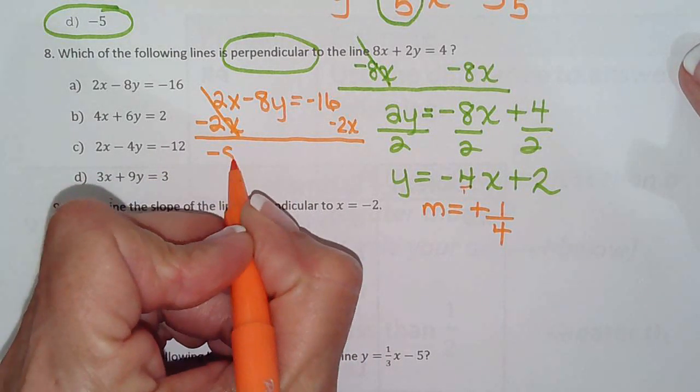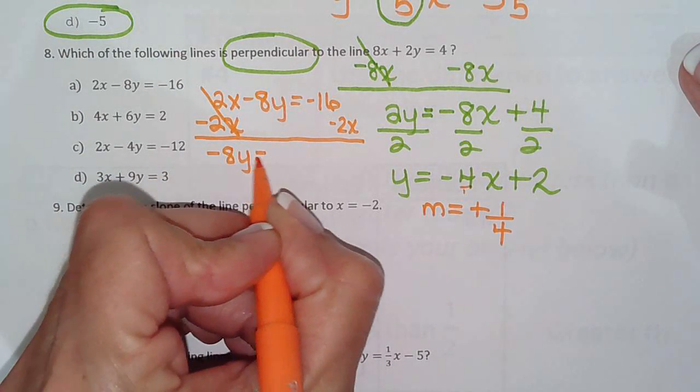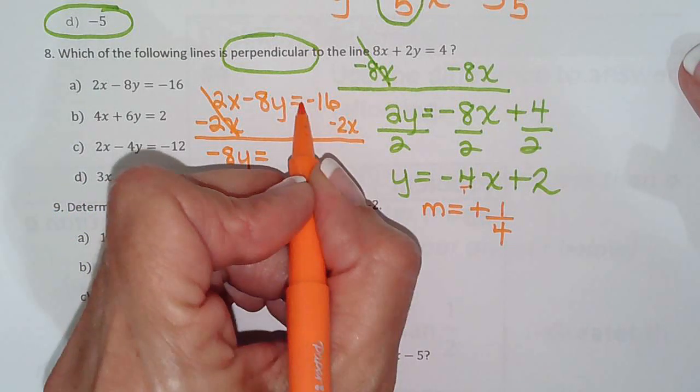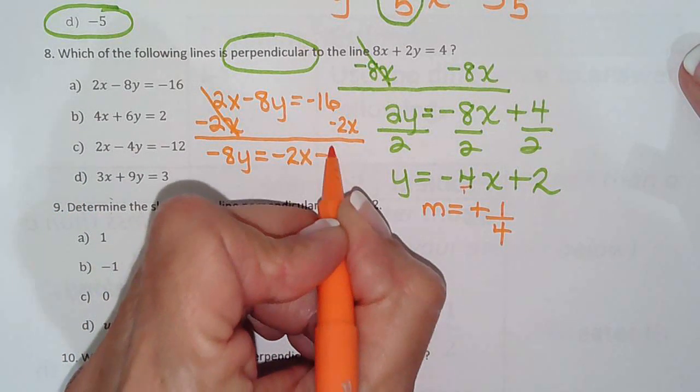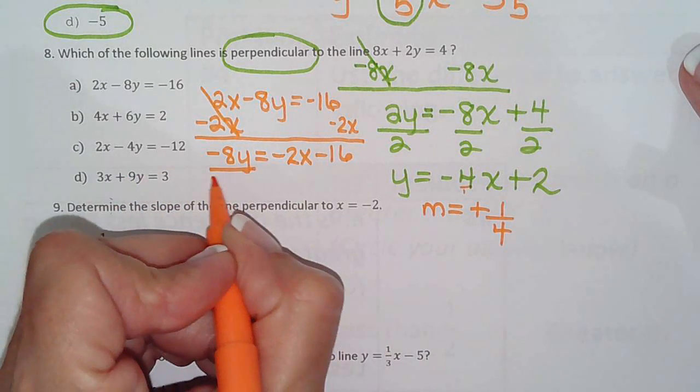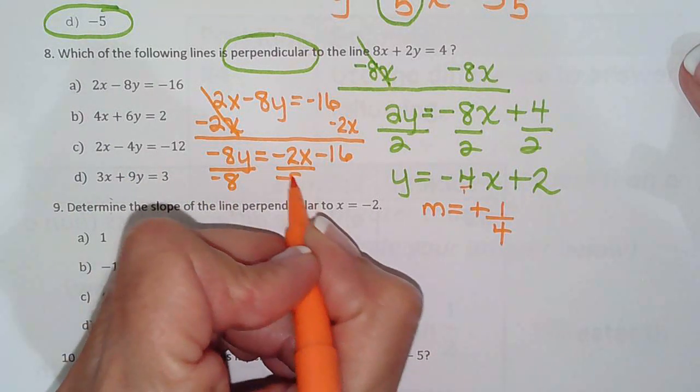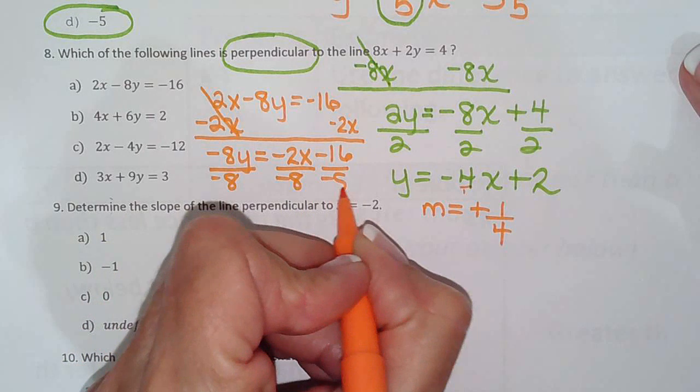So we end up with negative 8y equals negative 2x and negative 16. Divide by negative 8, divide by negative 8, divide by negative 8.